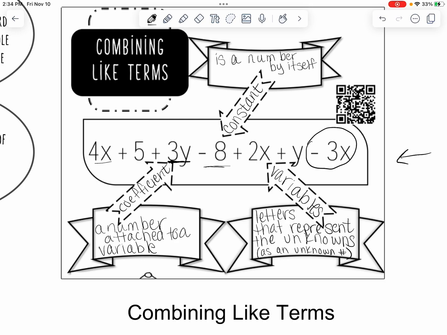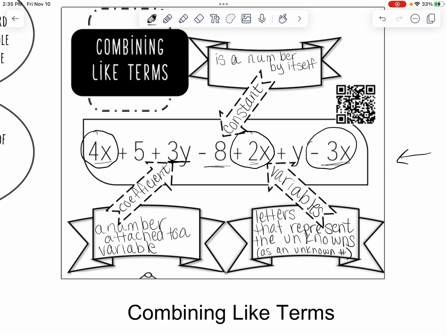Anything with an x. So you should have 4x, 2x, and minus 3x. That means that I can take 4x plus 2x minus 3x and combine them because they are like terms, because they all have an x tied to them. Anything else I cannot do because they do not have an x with them.